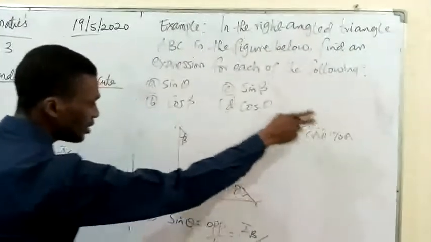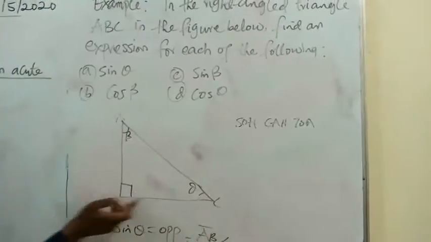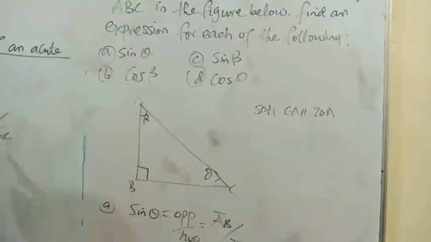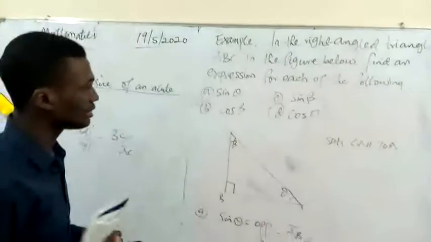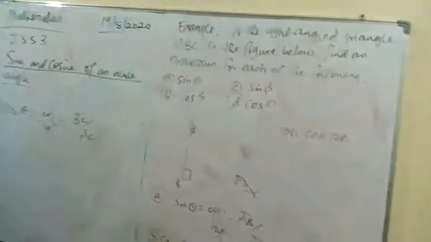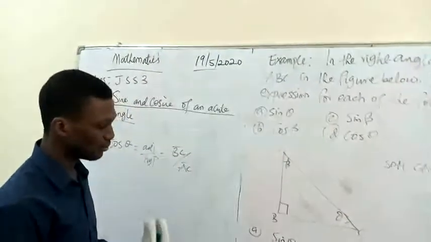Then for our cos theta, adjacent over hypotenuse, we have our theta, and our adjacent, the base side of theta, which is line BC all over hypotenuse of line AC. That is how to apply SOHCAHTOA in finding sines and cosines of angles.